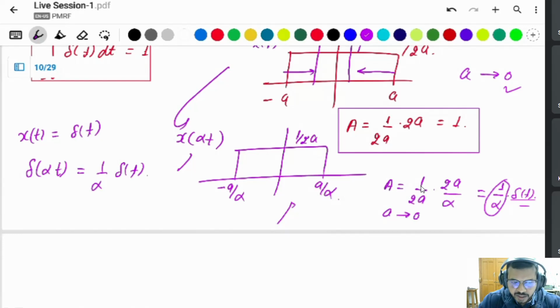Only compressing is possible in this case, that's why it will be taken as the mod of alpha, because you can't expand this one. If we expand, it will not occur as the impulse, it will become some other signal. You can compress this one only, that's why alpha should be a positive integer.